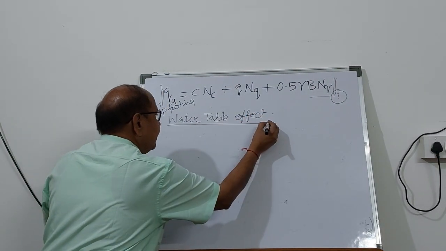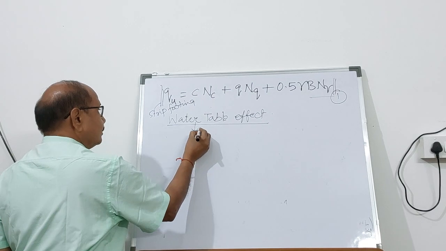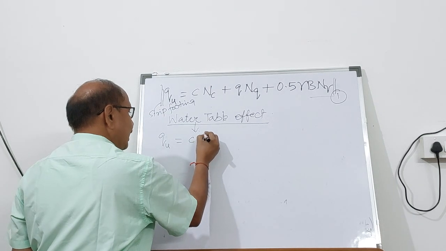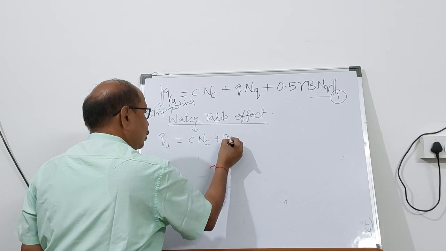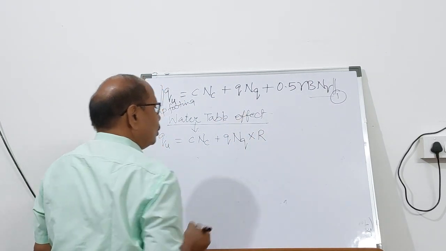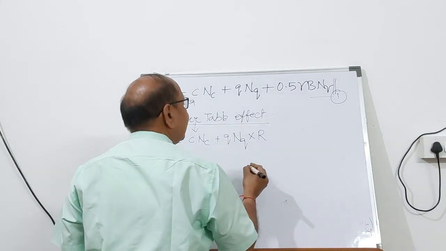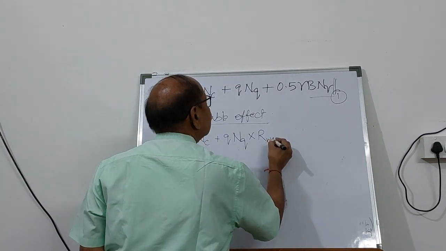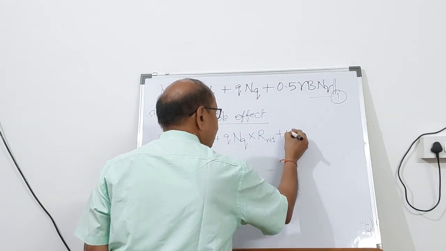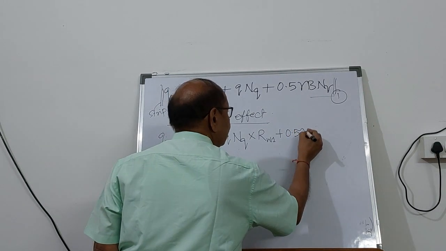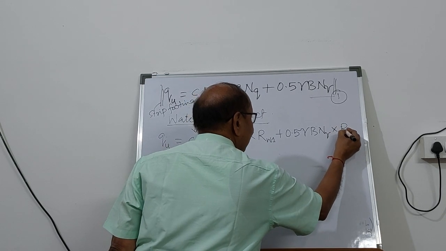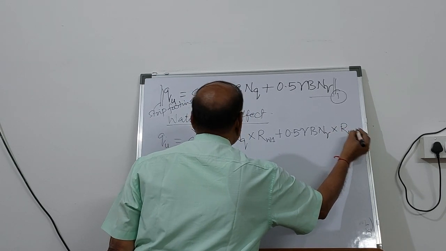The ultimate bearing capacity due to the water table effect will be equal to cNc + qNq multiplied by a water table factor Rw1, plus 0.5γBNγ multiplied by another water table correction factor, Rw2.